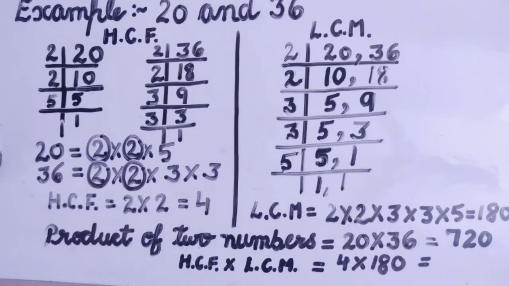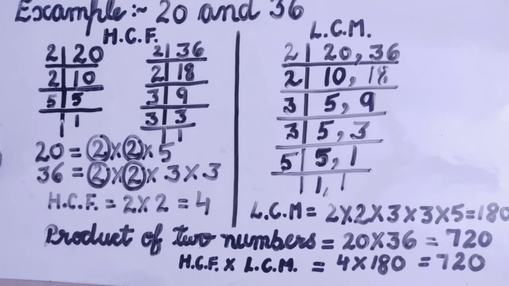Now we will find out the product of HCF and LCM, which we have calculated. HCF is 4 and LCM is 180. The product of HCF and LCM will be 720. Now, have you observed, students, that the product of two numbers is equal to HCF multiply LCM?